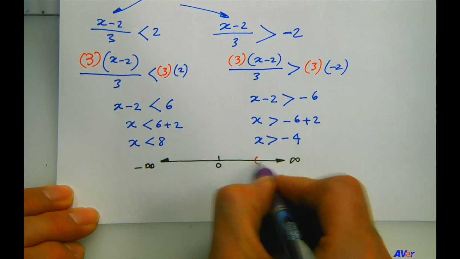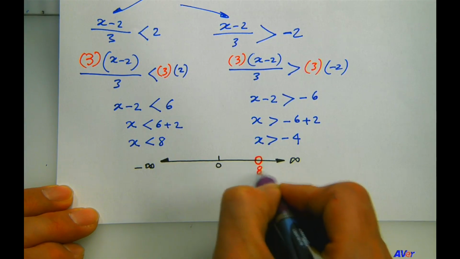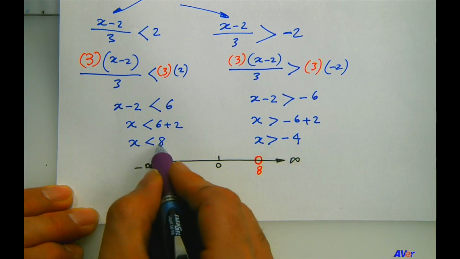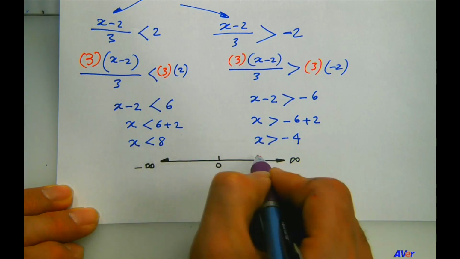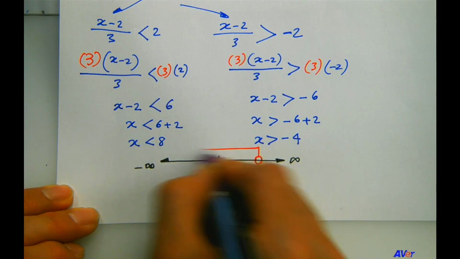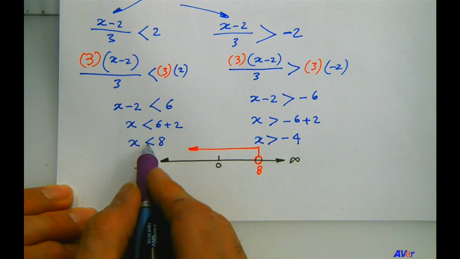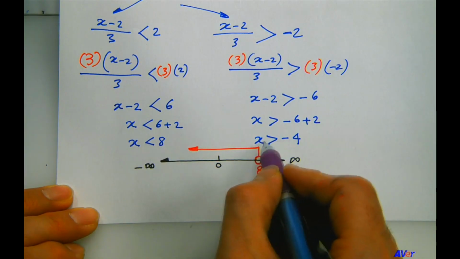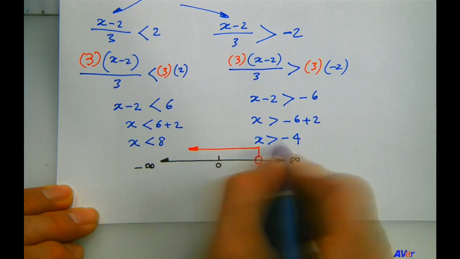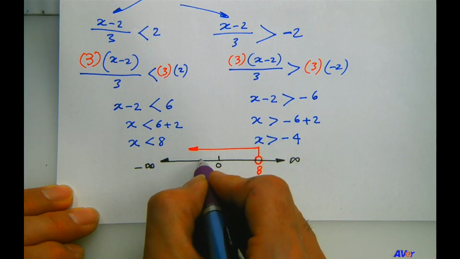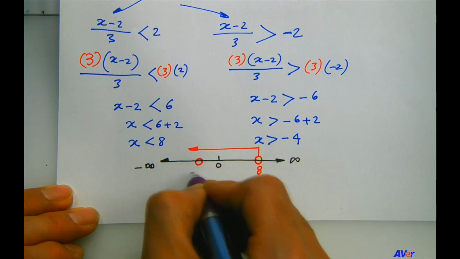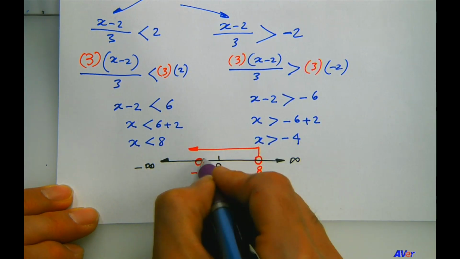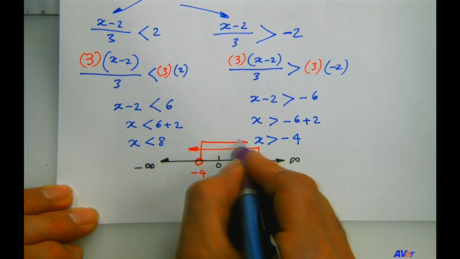Suppose we say that is 8. Notice x cannot be equal to 8, so I put a hollow circle there. So this solution is saying go this way. That's that. This solution says anything greater than negative 4. Let's say that's negative 4 and x cannot be equal to negative 4. So negative 4, and this solution says no, go that way.